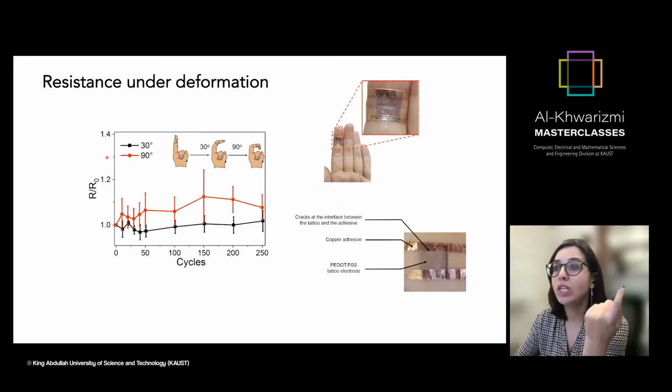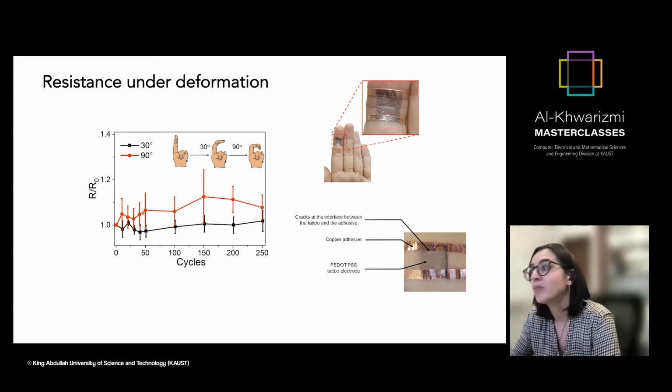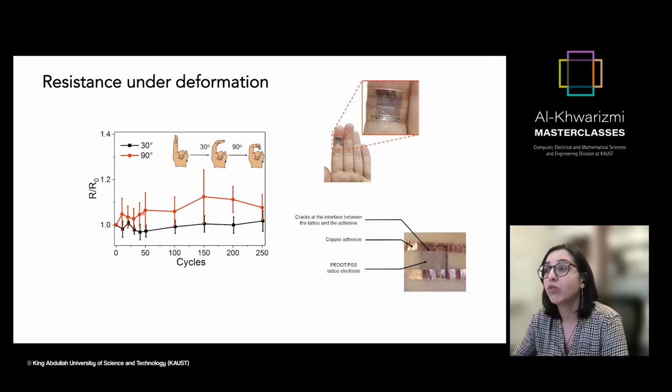Again, here we are looking at the resistance of this PEDOT:PSS tattoo as we put it on the fingertip and then move the finger in a 30-degree or 90-degree configuration. And as you see, the resistance is not really changing as we are deforming and compressing the polymer back and forth.